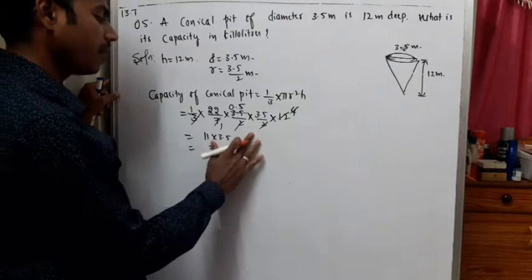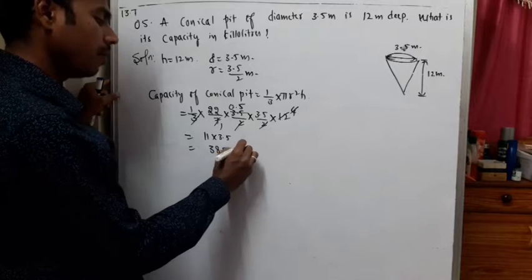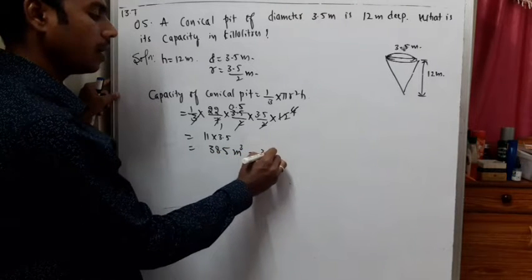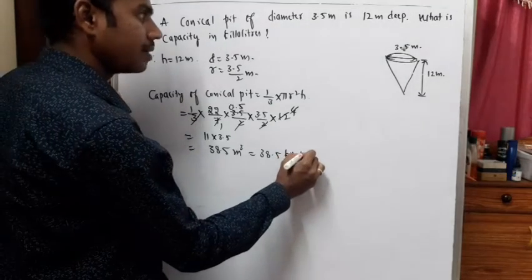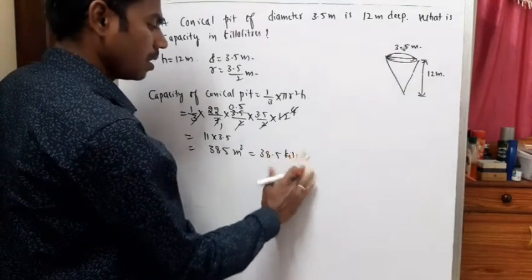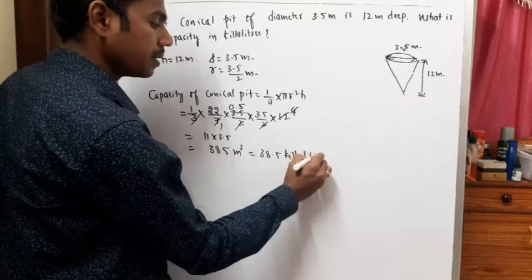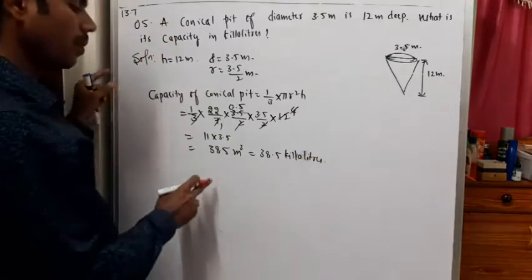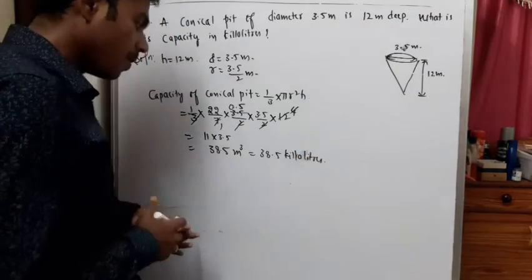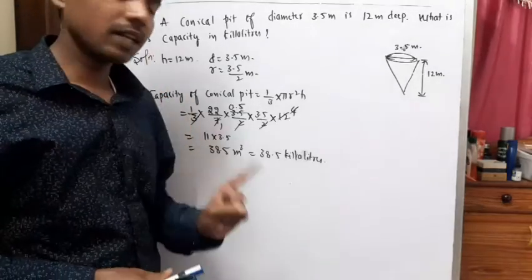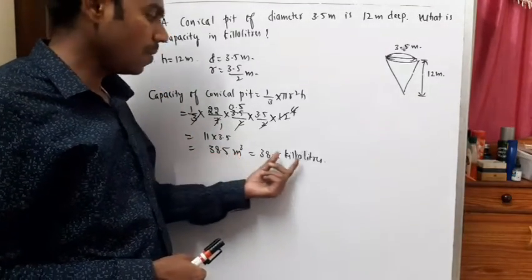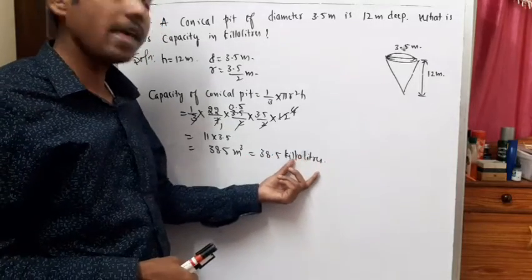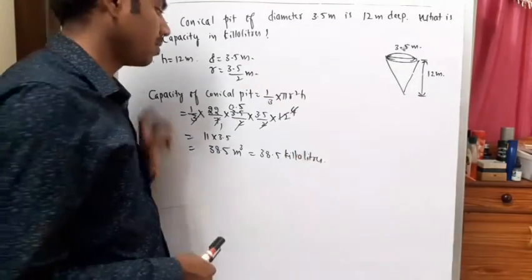That is 38.5 meter cube, or else 38.5 kiloliters. Because we know that 1 meter cube is equal to 1 kiloliter, 38.5 meter cube is equal to 38.5 kiloliters. Please note this down.